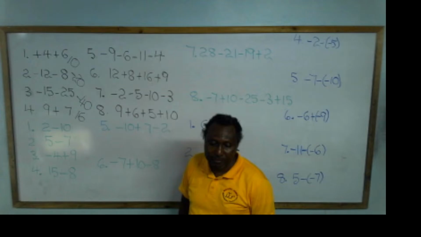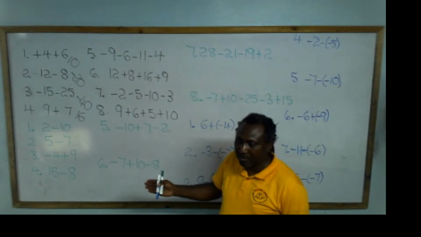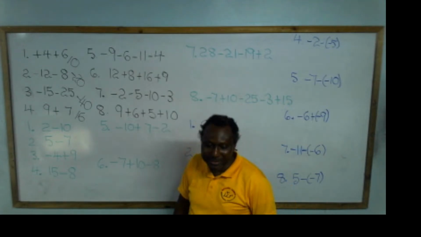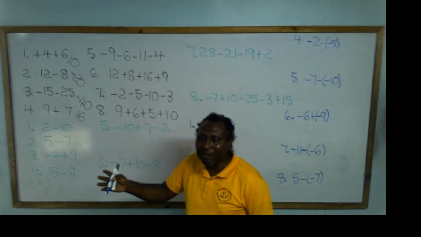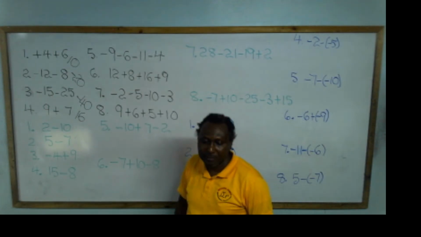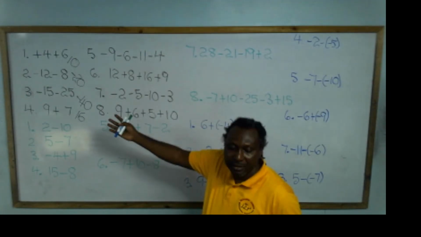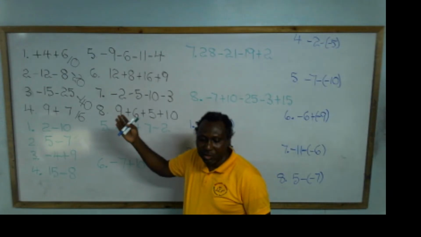So there is no such thing as negative and negative is positive. No. When we multiply two negative numbers, the answer is positive. And when we divide and the problem involves two negative numbers, the answer is positive. But when we add numbers that have the same sign, we add the values and the answer will take the same sign as the numbers that we have added.